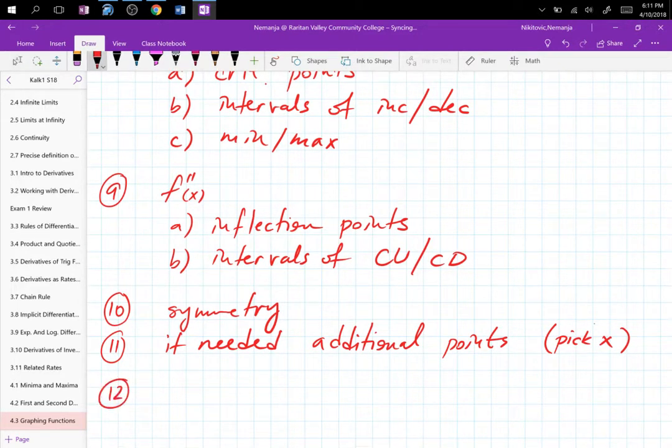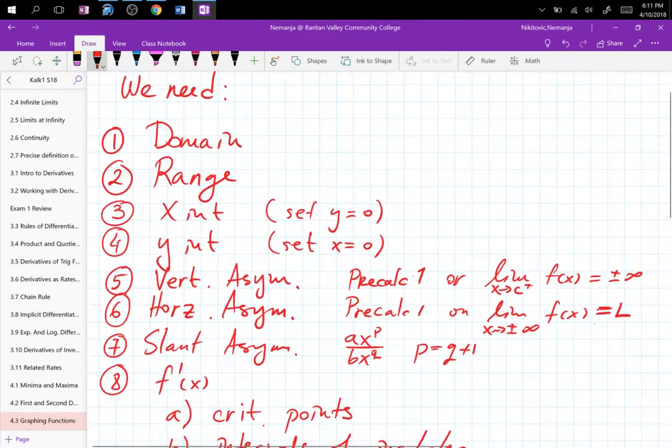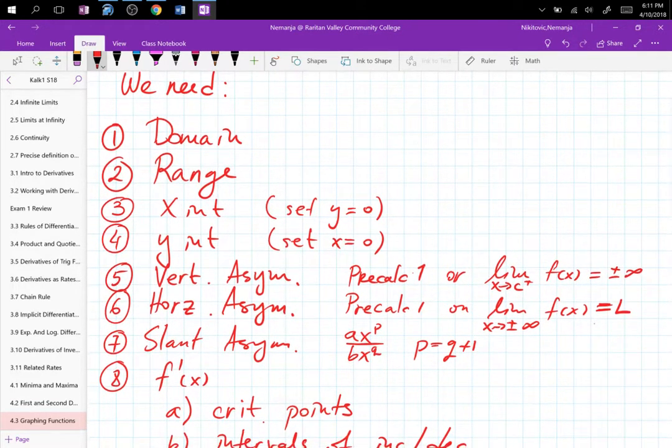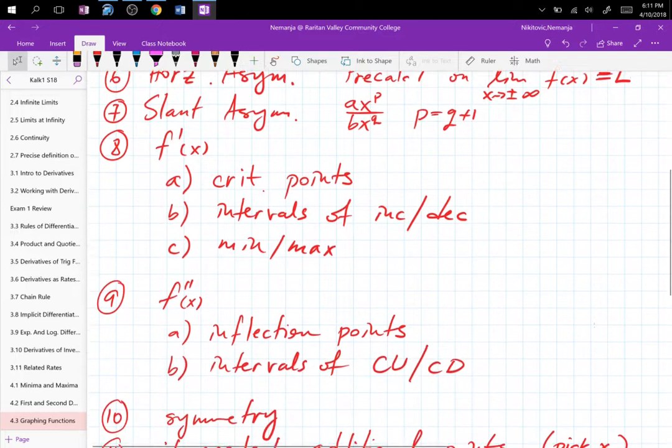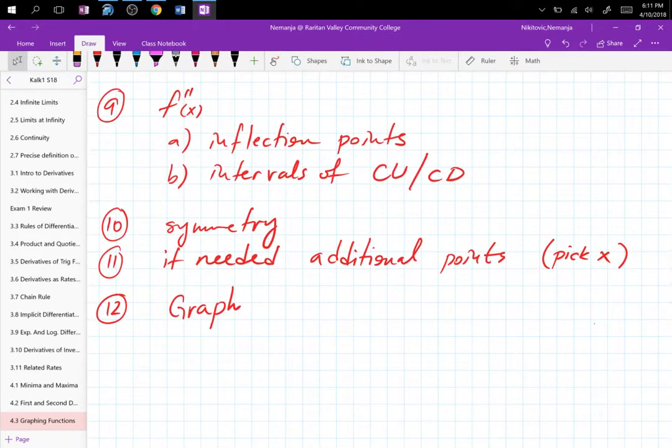And then 12, graph. Bueno? So this is what I call a shopping list. And you go down the shopping list.